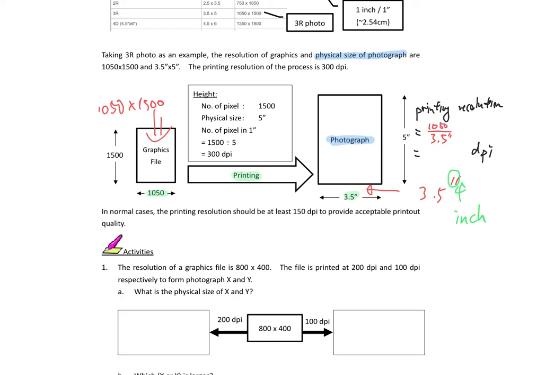If you do the calculation, 1050 dots divided by 3.5 inch, the answer should be 300. So if we want to print a document with 1050 dots in the width, using 300 dpi, it will print on a paper with a width of 3.5 inch.